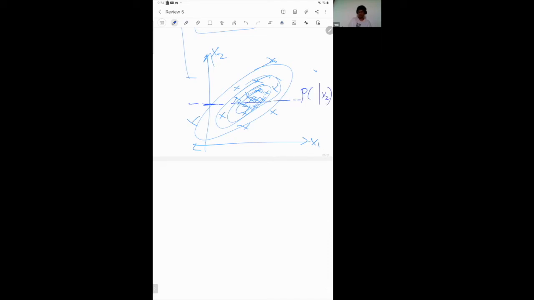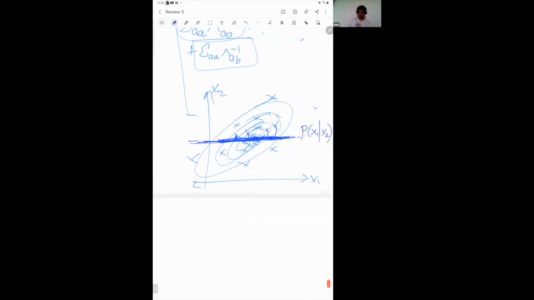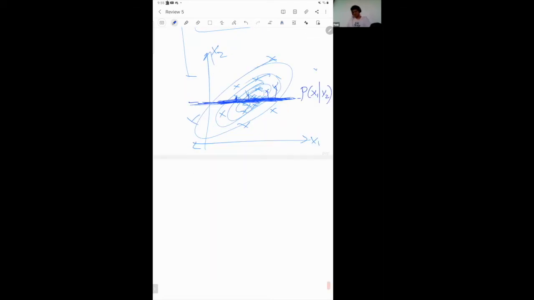X2 is given, and then all of the x1 components, everything that lies on this line, is also a Gaussian. All the data points of p of x1 given x2 that lie on this line form a Gaussian, obviously a 1D Gaussian. So just take the points that lie on this line and take their x1 component, and you would get a Gaussian. Intuitively it makes sense, but we want to know what the mean and variance of this Gaussian are.